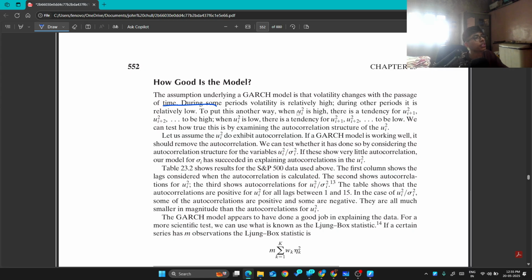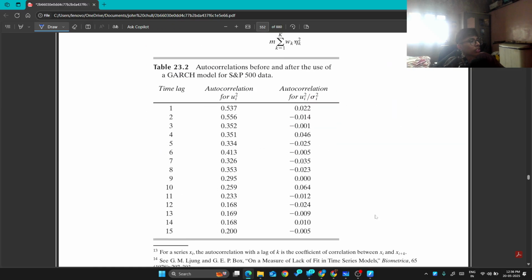We know that during some periods volatility is high, during others it is low, and if u_1 is high, then the weight tends to be high. If u_2 is low, then the weight will be low. So we are here to determine how much the lagged value has an effect on our current value, and we test that by considering the autocorrelation structure between these variables, and there is very little autocorrelation. So the autocorrelation structure is this.